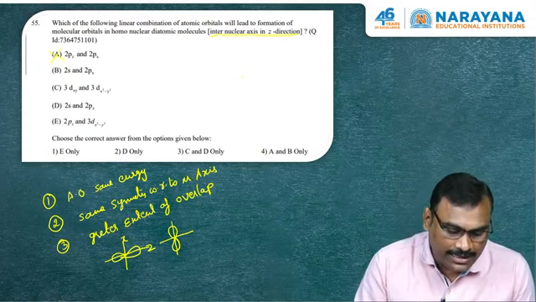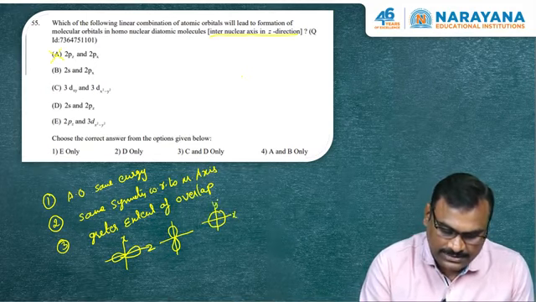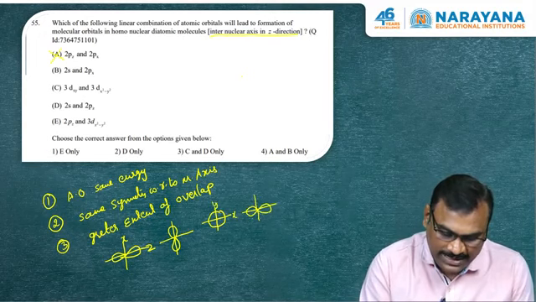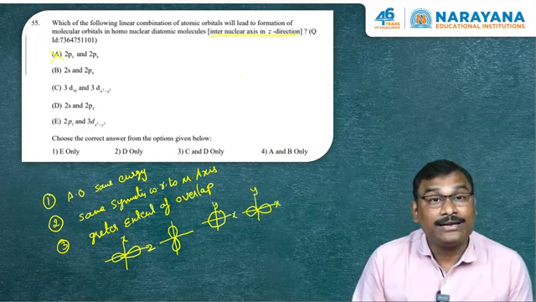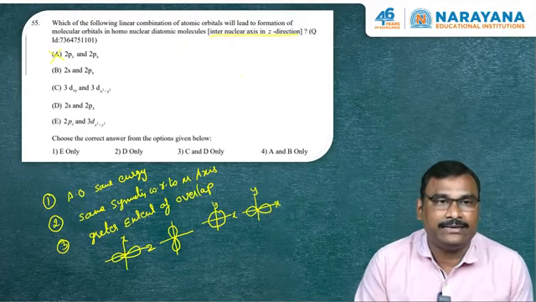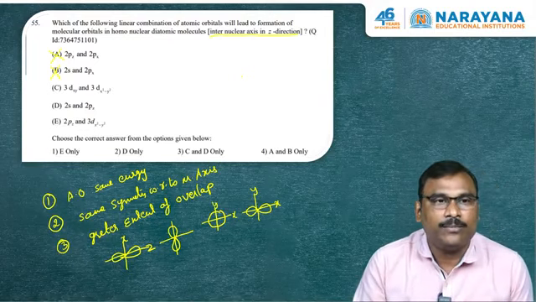If you go for option B, the 2s orbital and 2px orbital, let us say this is x and this is y. This is the 2px orbital, but the molecular axis given is z. That means this also is not possible to undergo combination.